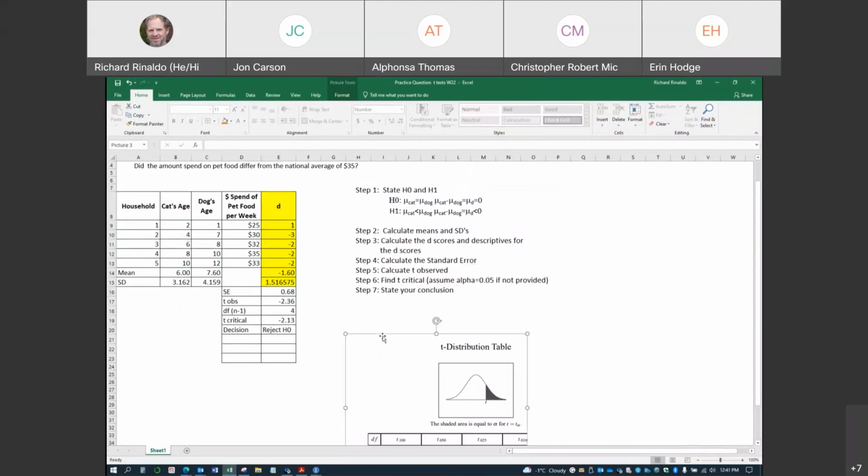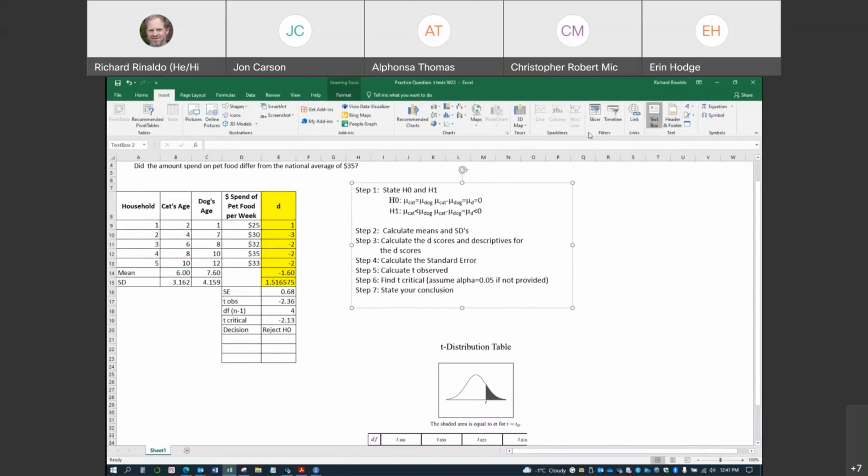So if I do this in APA style, I'll insert a new text box.